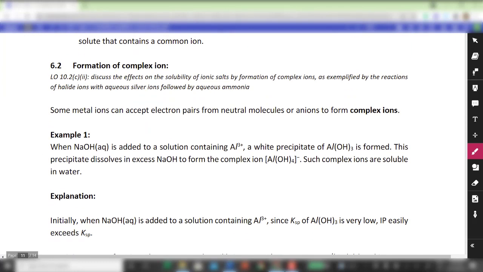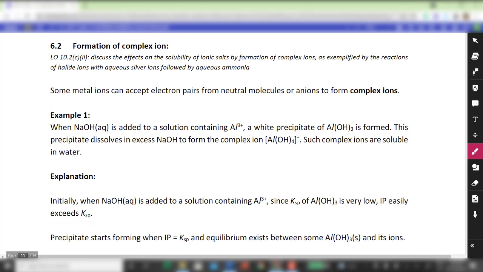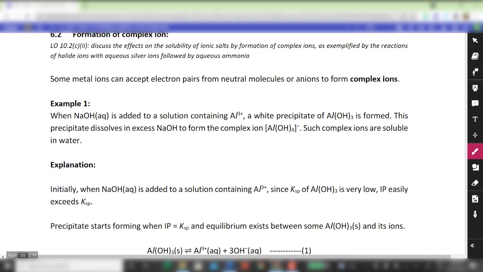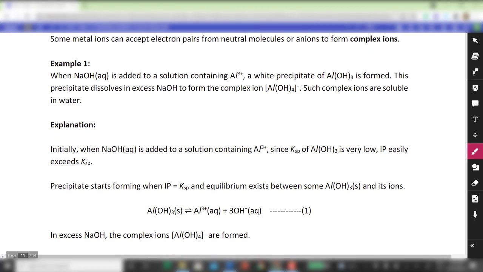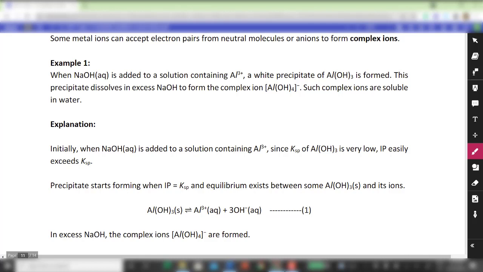Okay. Next, we're going to go into section 6.2, which is on the formation of complex ions. So, for example, in the case of adding sodium hydroxide to Al3+, in the beginning, you expect the formation of the white ppt of aluminum hydroxide.